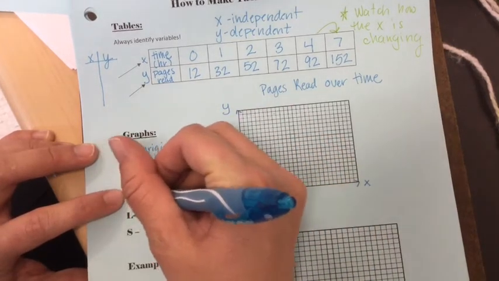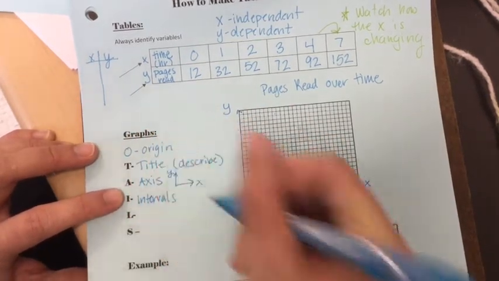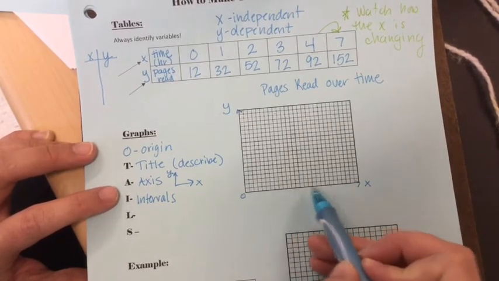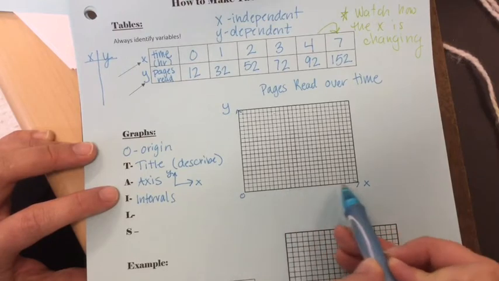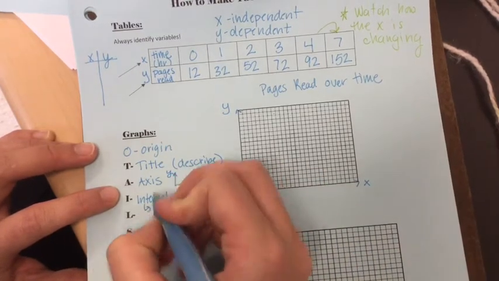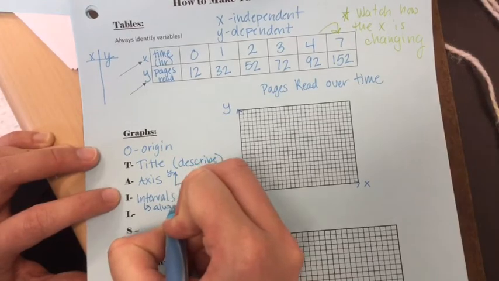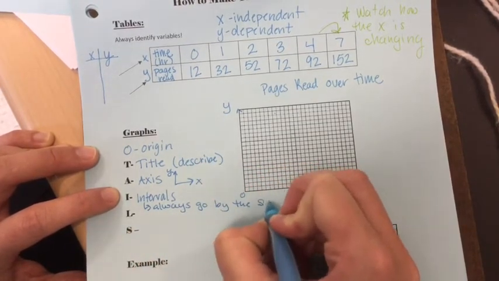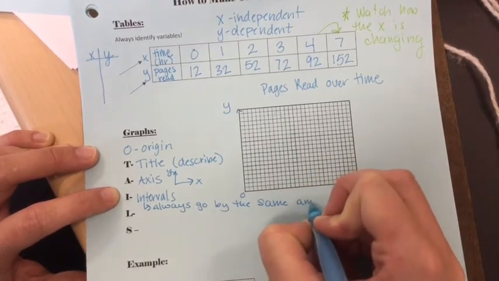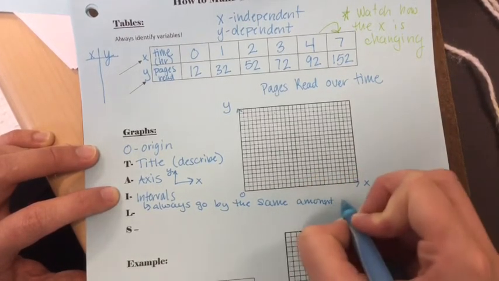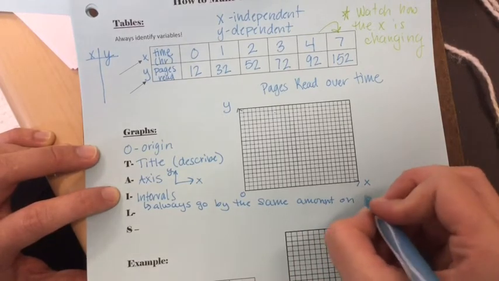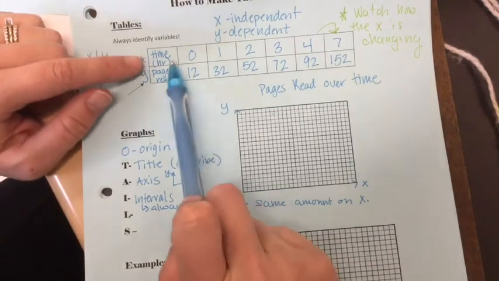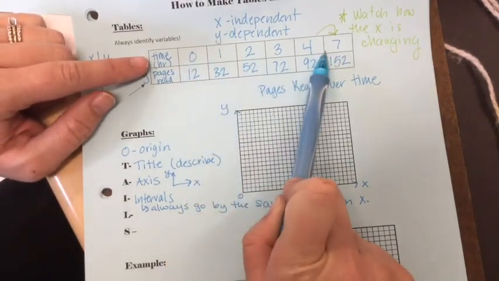I stands for intervals. And by that, I mean you must always go by the same amounts. Equal spacing or skip counting here on the X. So for example, here our time goes from 0 to 7.